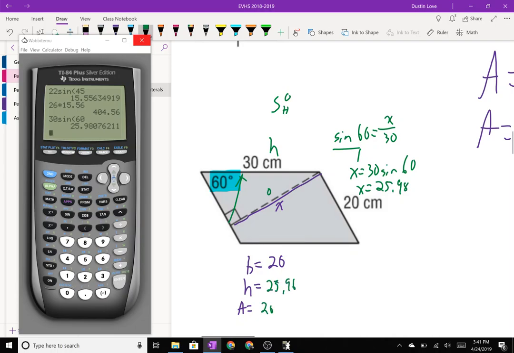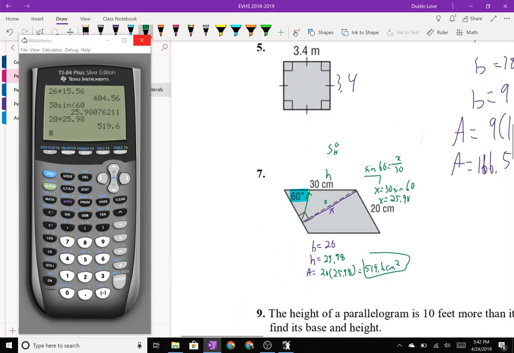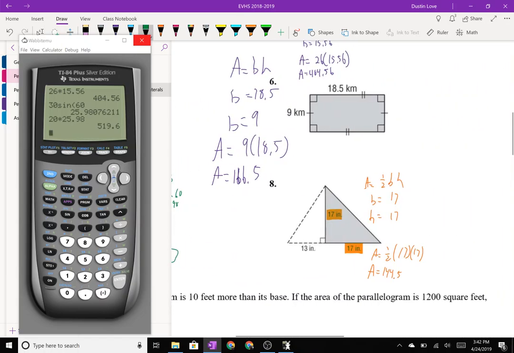So now we're just going to do 20 times 25.98, which is 519.6 centimeters squared.